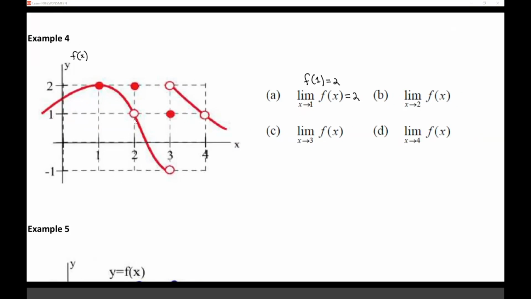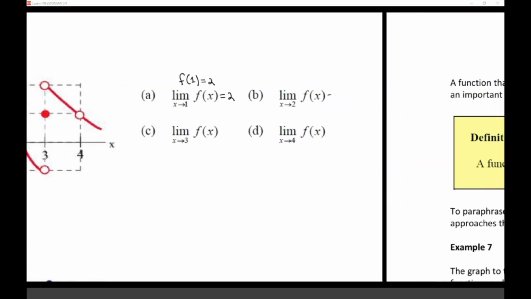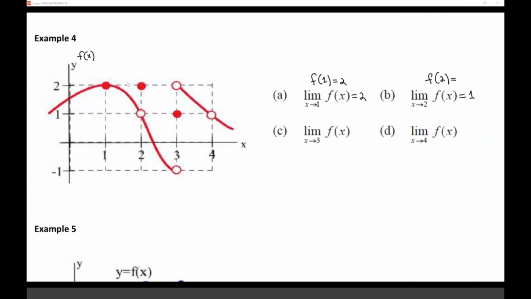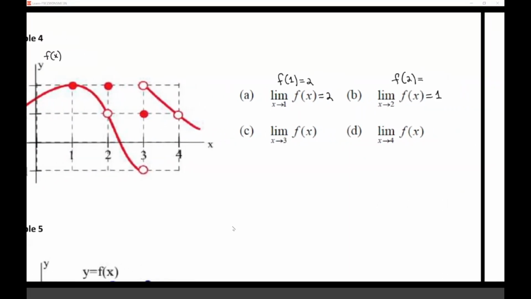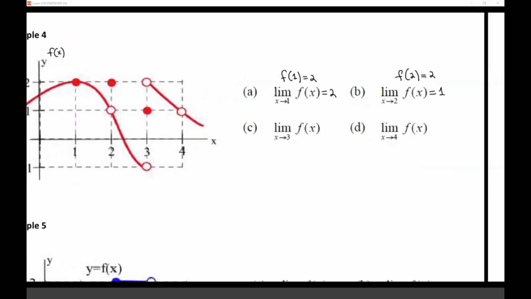Okay, so since the left and right limits match, I can say the limit as x approaches 2 is 1. Okay, what's the function value at 2? 2. Yeah, see the solid circle up here? So I can say f of 2 equals 2. Sorry, I gotta keep sliding my screen back and forth.